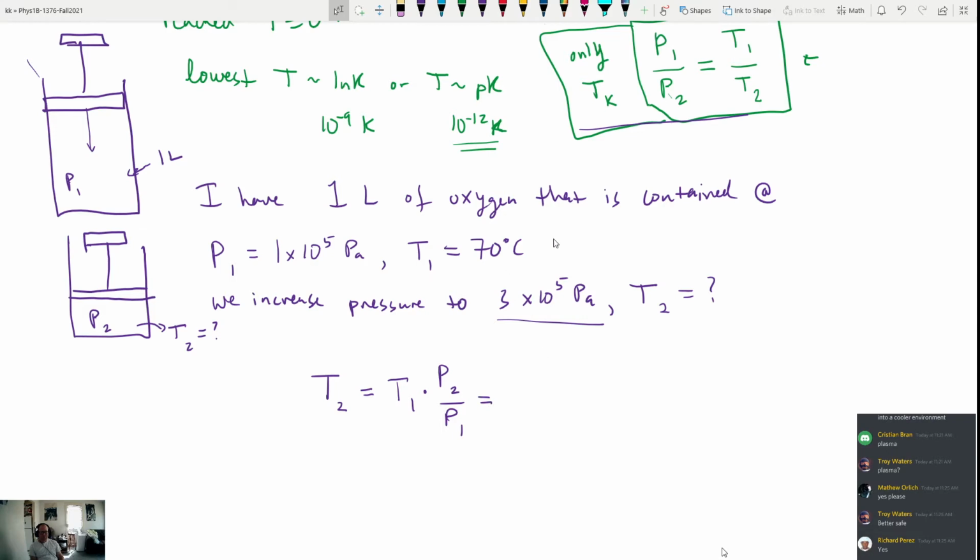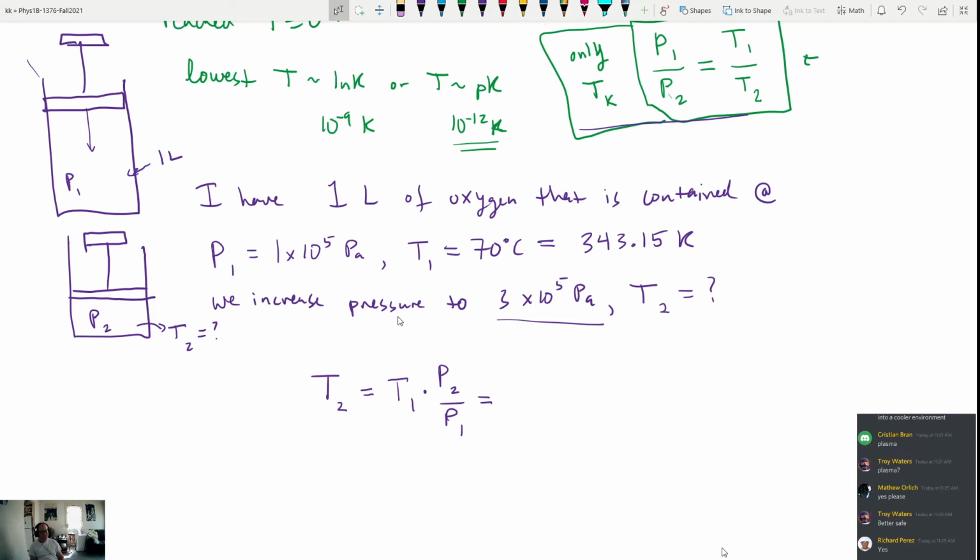So temperature 1, we have to convert to Kelvin. So this would become 343.15 Kelvin. Is that correct? You just have to add 273.15.